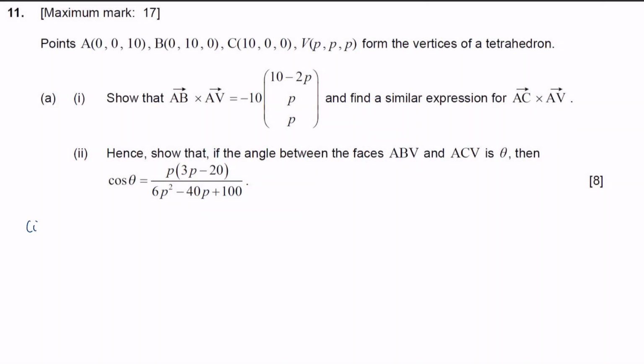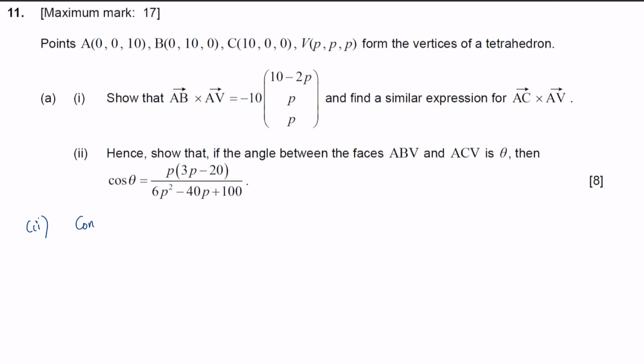Hence, part 2: show that if the angle between ABV and ACV is theta, then cosine theta is equal to that. So this is really the angle between the two faces, which is going to be found by taking the dot product of the two normal vectors of both faces, which are AB cross AV and AC cross AV respectively.